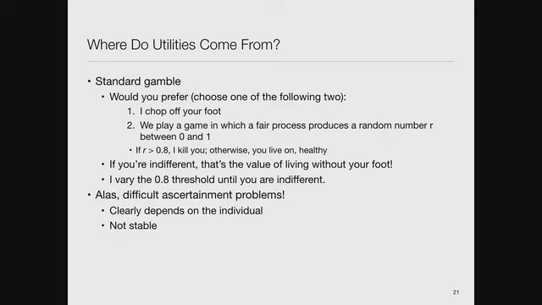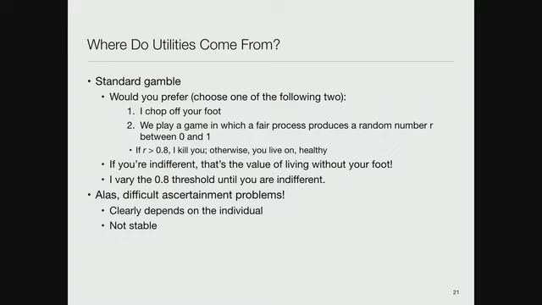We're going to roll a fair die or something that will come up with some continuous number between 0 and 1. And then I'm going to play the game where either I chop off your foot, or I roll this die, and if it exceeds some threshold, then I kill you.